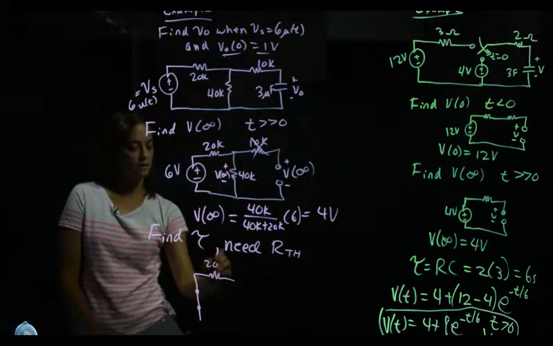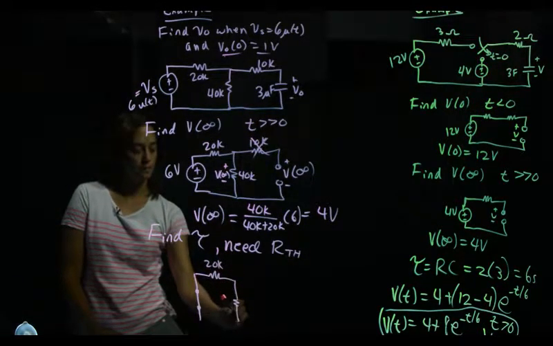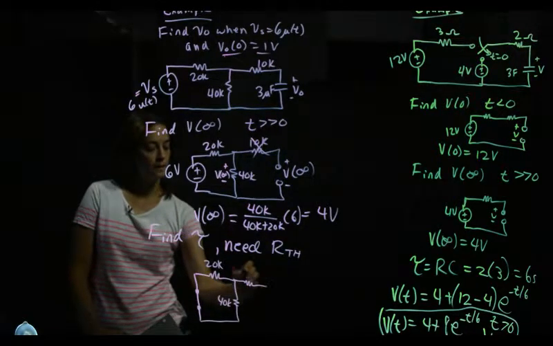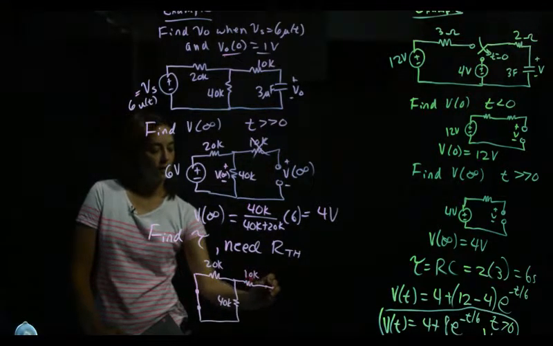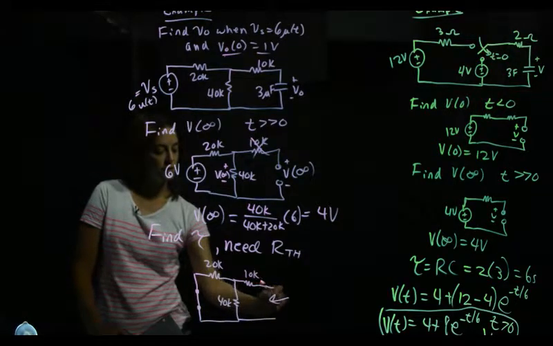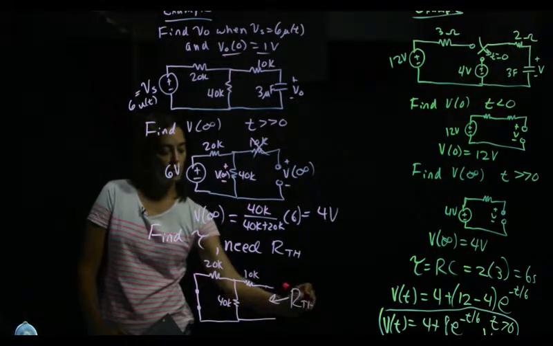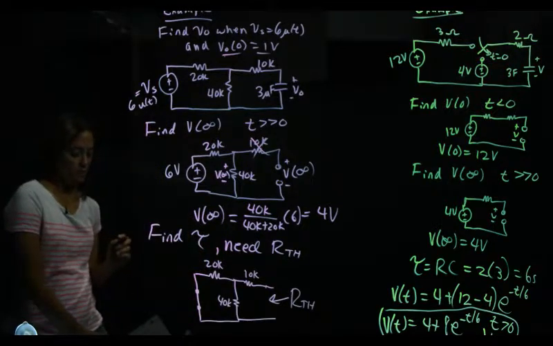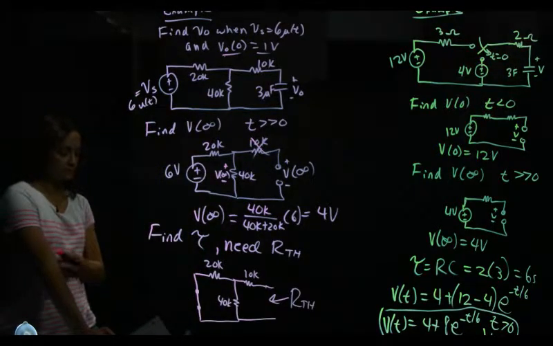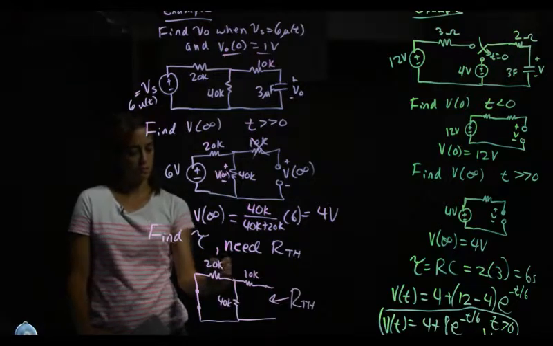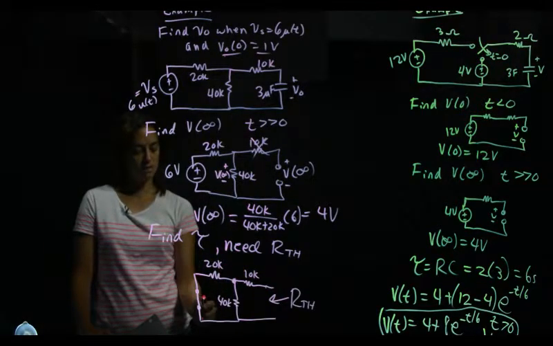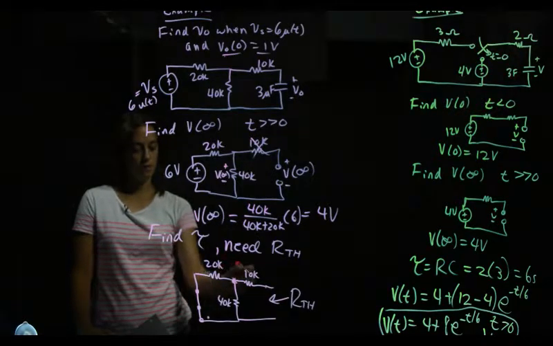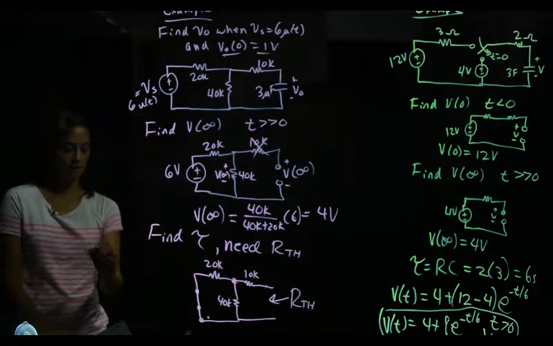We have 20K, 40K, 10K, and we want the R-Thevenin looking in, because we want to know what resistance our capacitor sees. Well, what do we have there? We've got 20K and 40K sharing the same two nodes, meaning they're in parallel, and those two in parallel are then in series with our 10K.